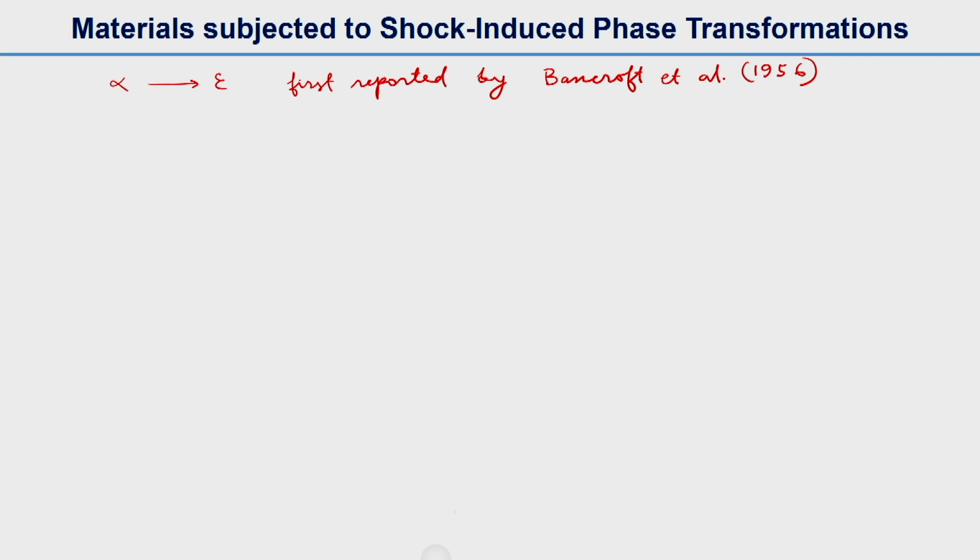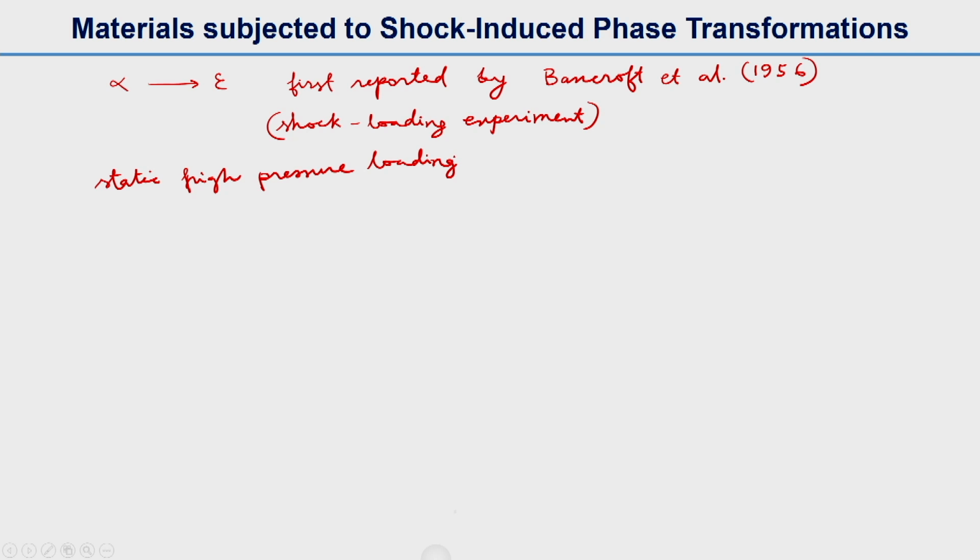They first did a shock loading experiment, but later it was proved through static high pressure loading experiments as well, that at high pressures alpha phase can be transformed into epsilon phase.